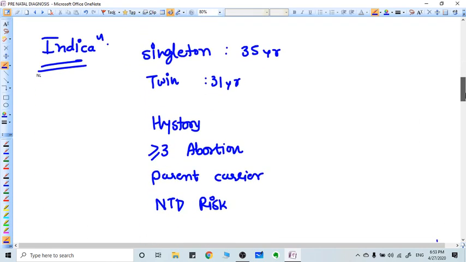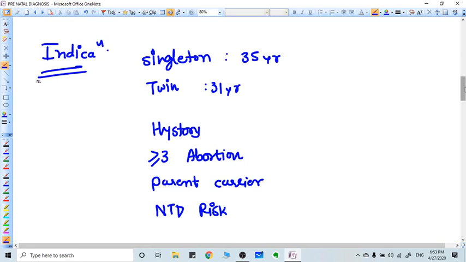Now, what are the indications to do all these prenatal diagnostic tests? When the female's age is more than 35, there is a very increased chance of having congenital abnormalities. So we start investigating after 35 years old.